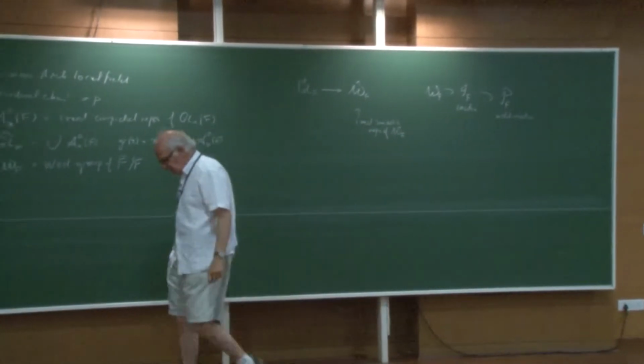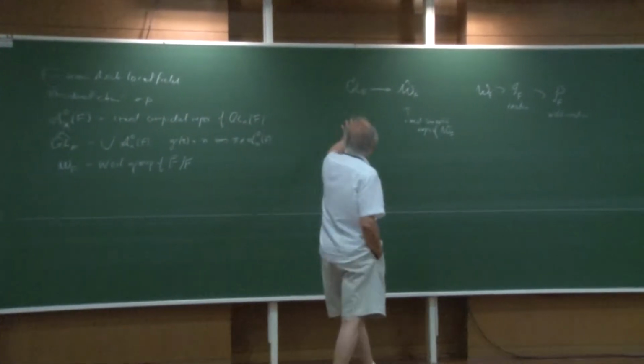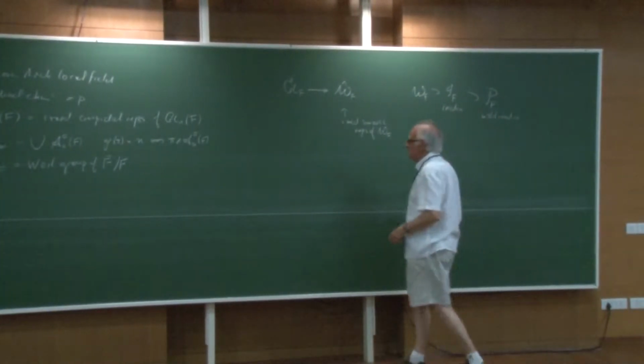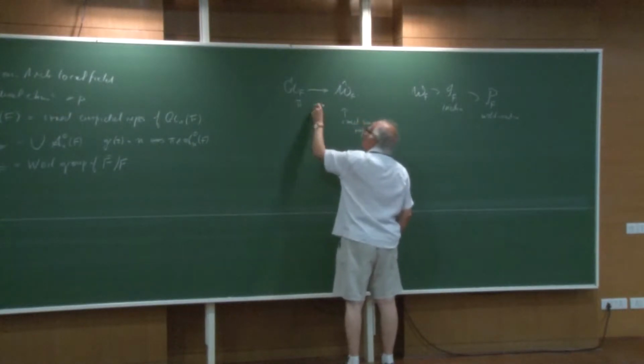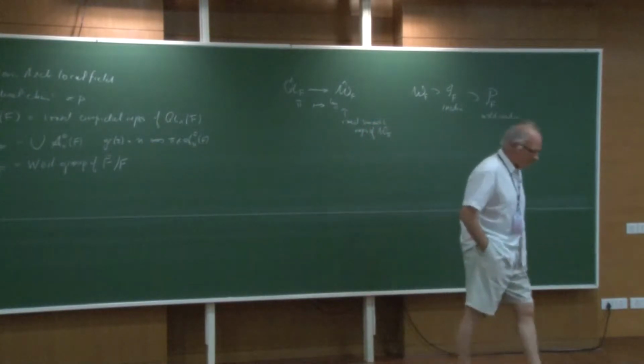And general results relate what goes on in here to this. What shall I call this thing? I'll call this pi goes to L pi, except sometimes it'll be the other way around.